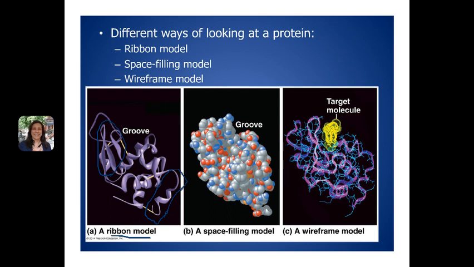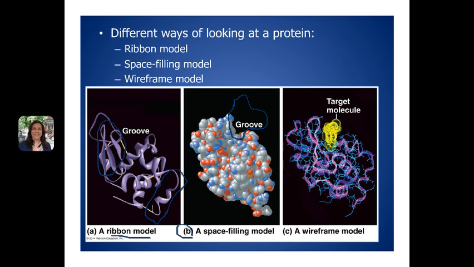Then we come to part B, which has the space filling model. In the space filling model, you get a better idea of what the three-dimensional shape of the protein is going to be. So we see that here in the groove, you see where the substrate, in this case it's an enzyme, would fit into the enzyme.